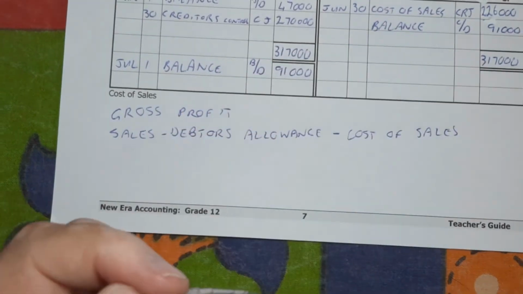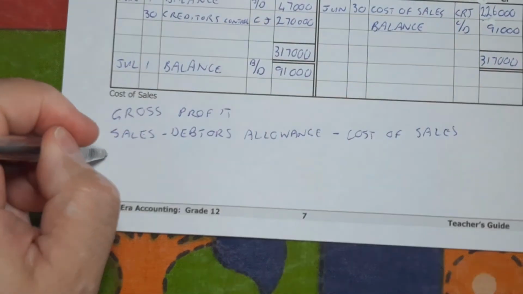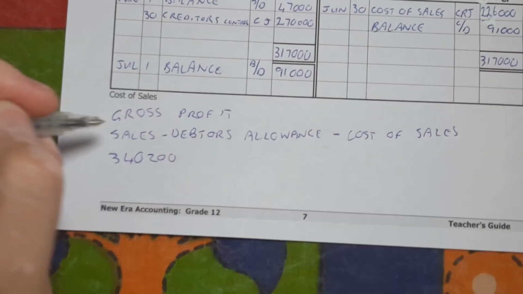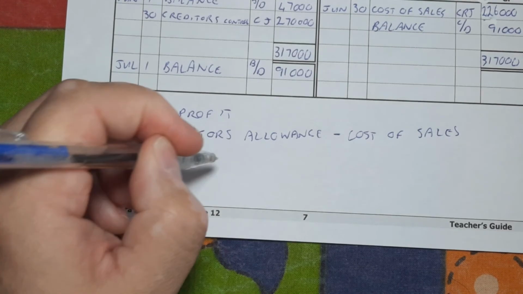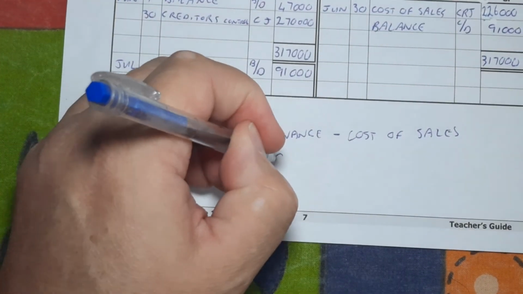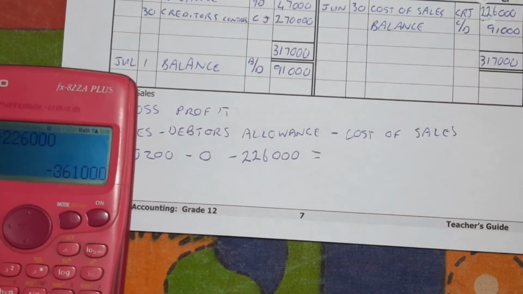In this case, we've got the sales of 340,200. We've got no debtors allowances, and our cost of sales is 226,000.